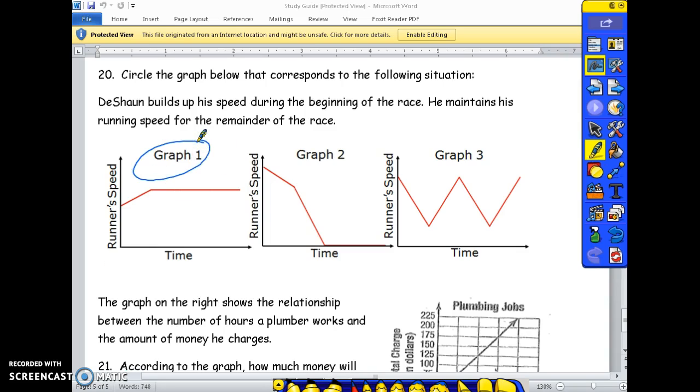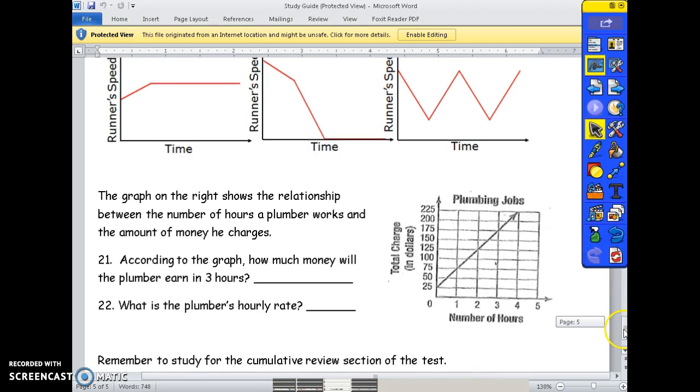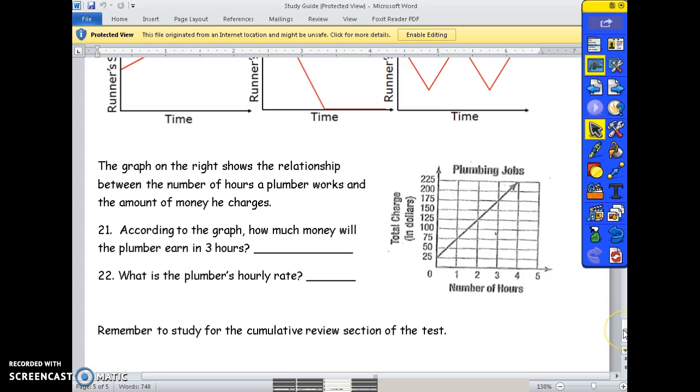The graph to the right shows the relationship between the number of hours a plumber works and the amount of money he charges. According to the graph, how much will the plumber earn in 3 hours? After 3 hours, he's made $175. What is the plumber's hourly rate?